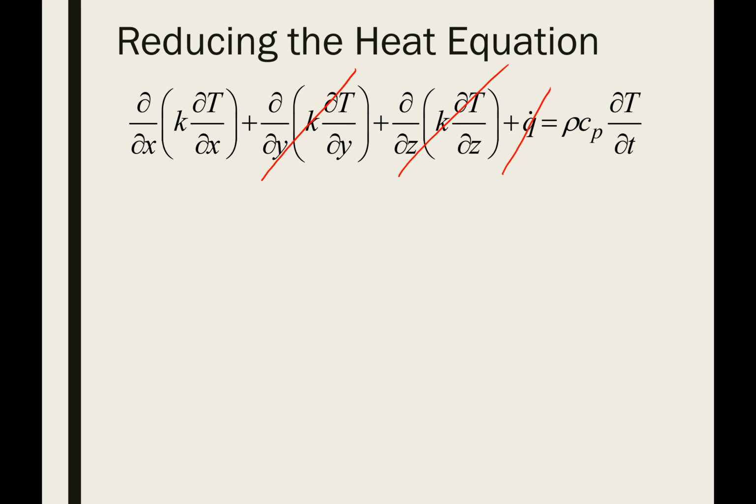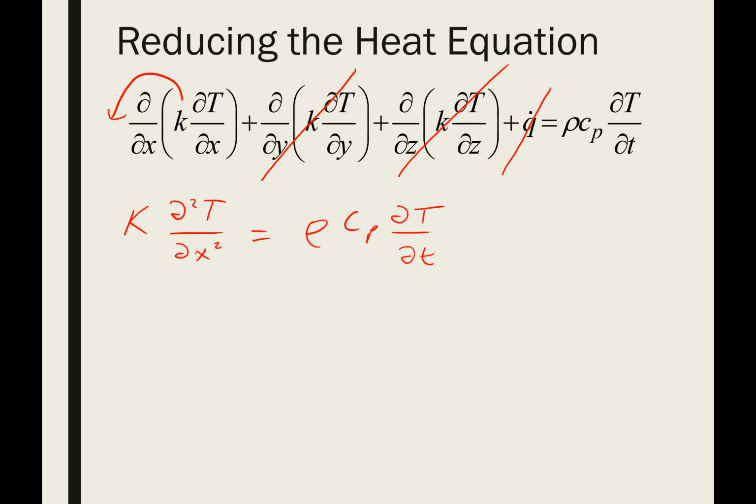Okay, so we're left with this equation, and if we're assuming constant thermal conductivity, we can pull k out of the derivative, and we get k times the, still partial, second derivative of temperature with respect to x squared is equal to rho Cp times dT/dt.